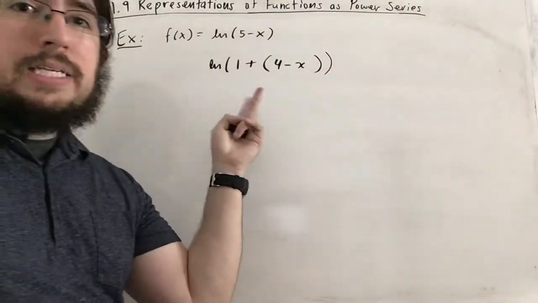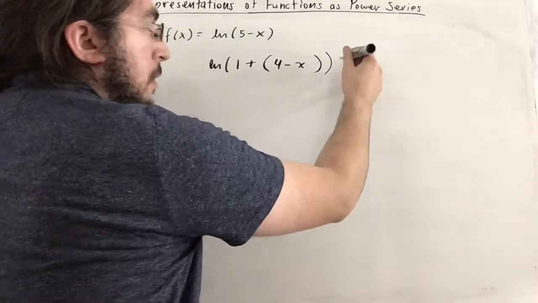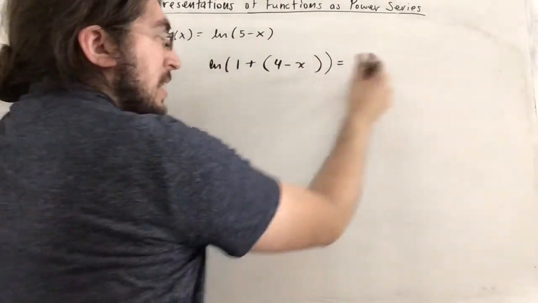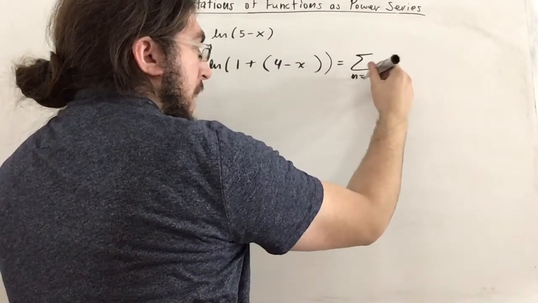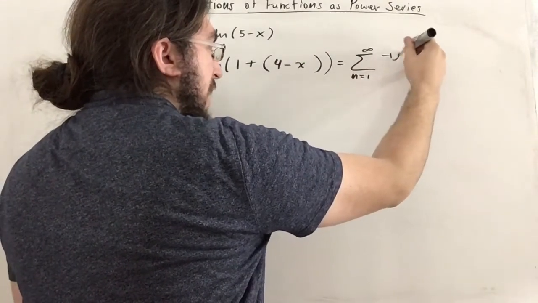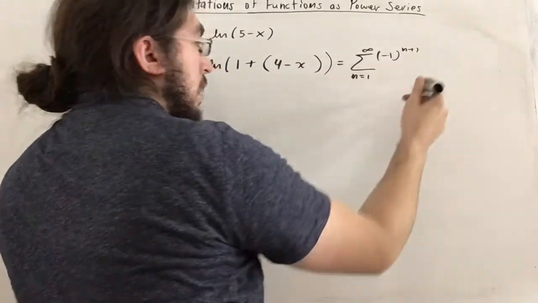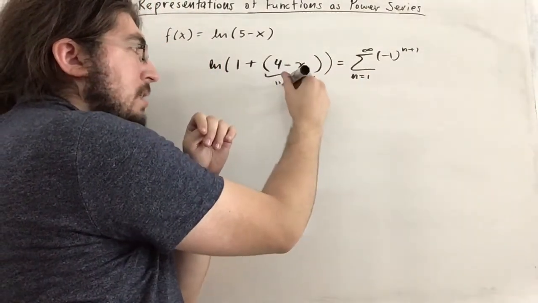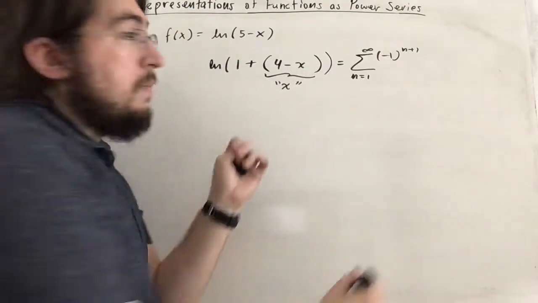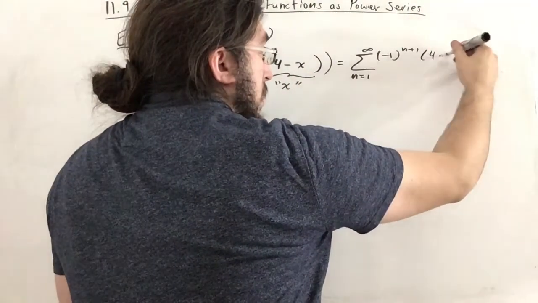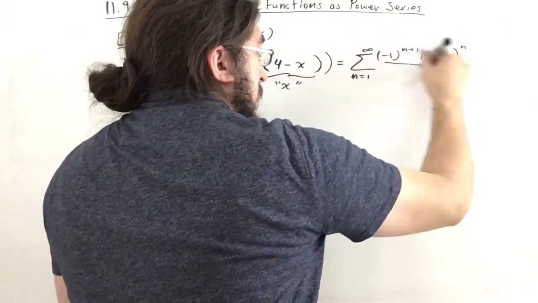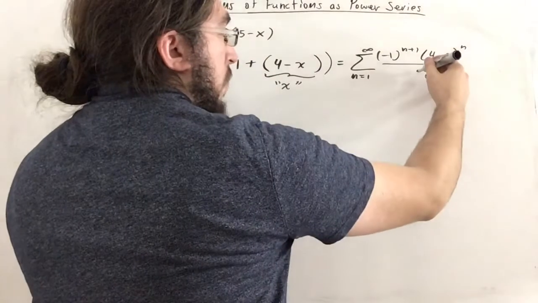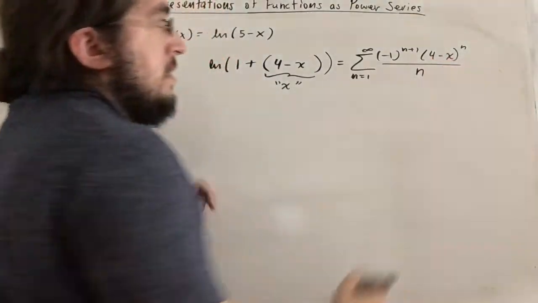So that would be our x here, and we know that the power series representation of ln of 1 plus x is the sum from n equals 1 to infinity of -1 to the n plus 1 of x to the n over n, but here this is our x, if you think about it like that. So it's going to be 4 minus x to the n over n.